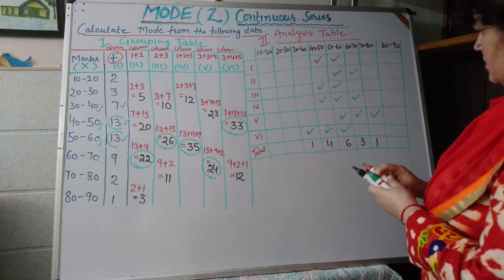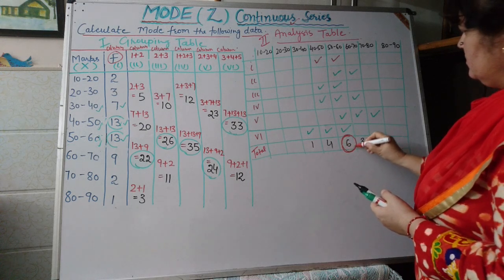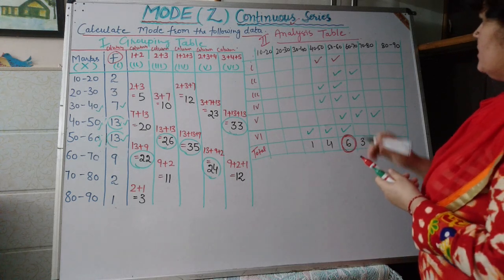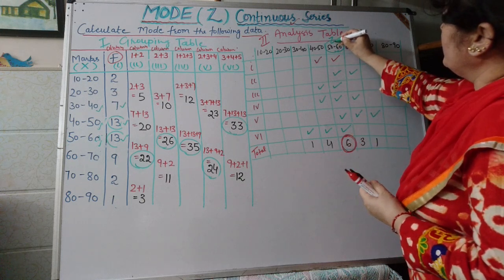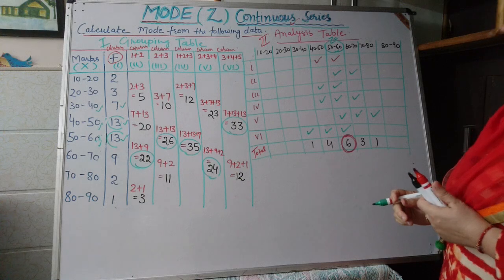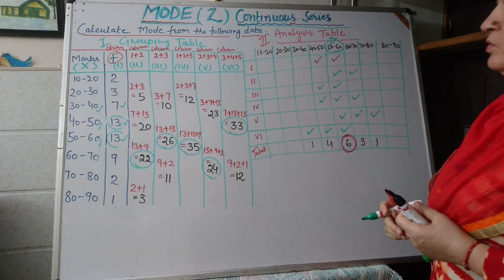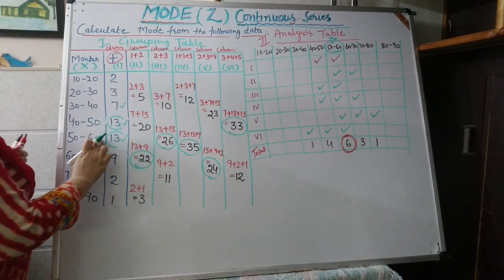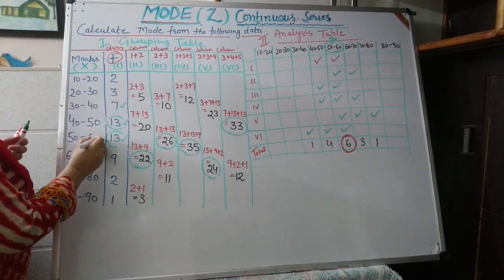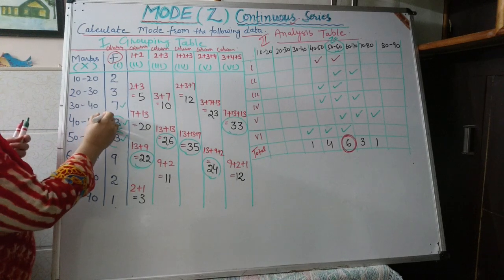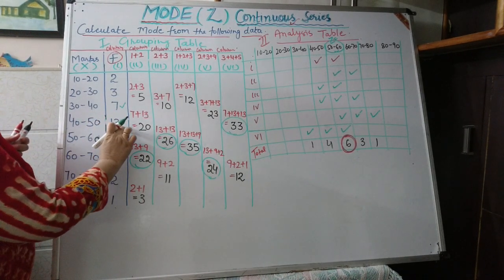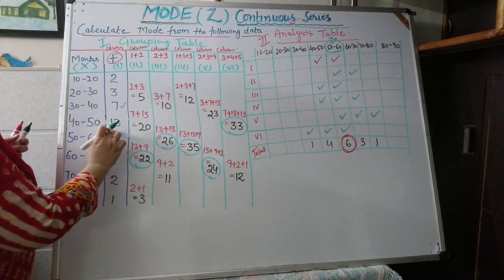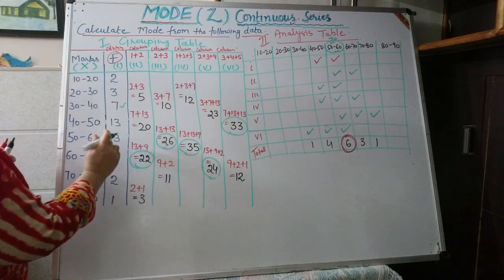So 6 is the highest value which we have analyzed, and here 50 to 60 will be the modal value. Mode will lie in class interval 50 to 60. Initially, when the problem arose, the mode could lie in either of the two class intervals with the highest frequency 13, because we had two highest frequencies.